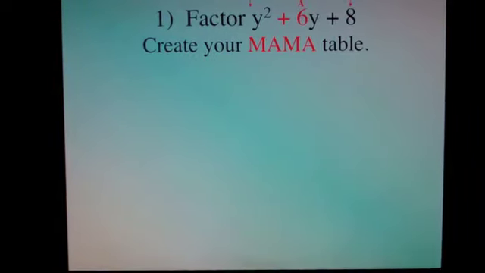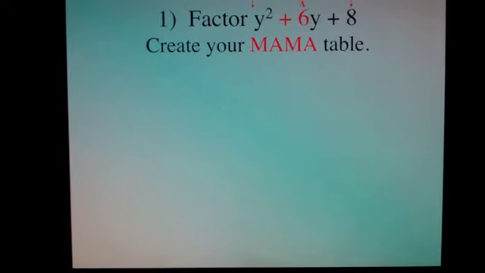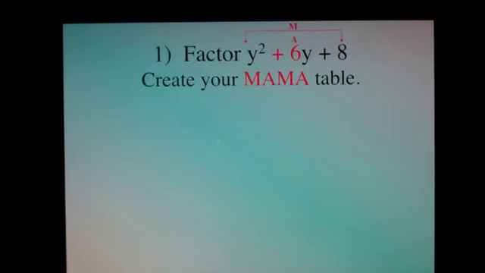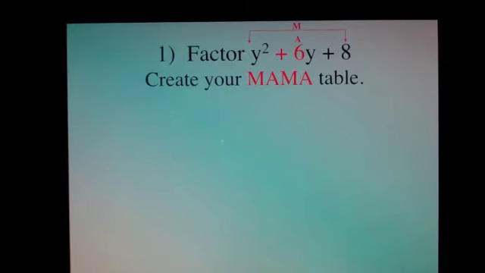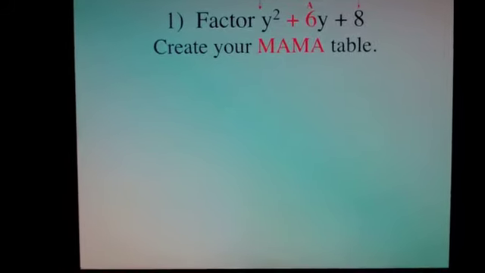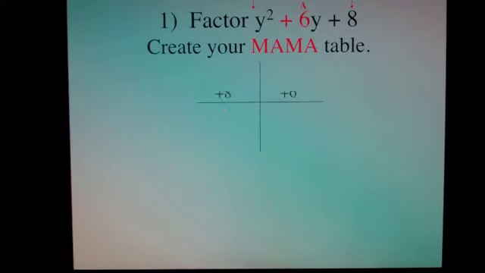Okay, so we're going to factor y squared plus 6y plus 8. The y squared and the 8 are our m in the mama table, and the 6y, or the 6, is our a in the mama table. So what are we going to do with this table?